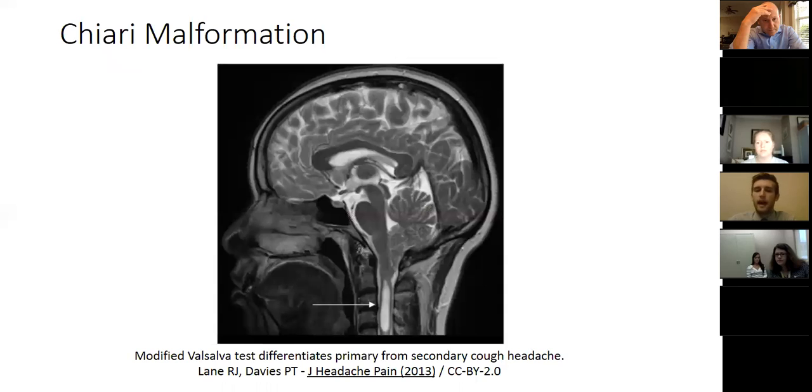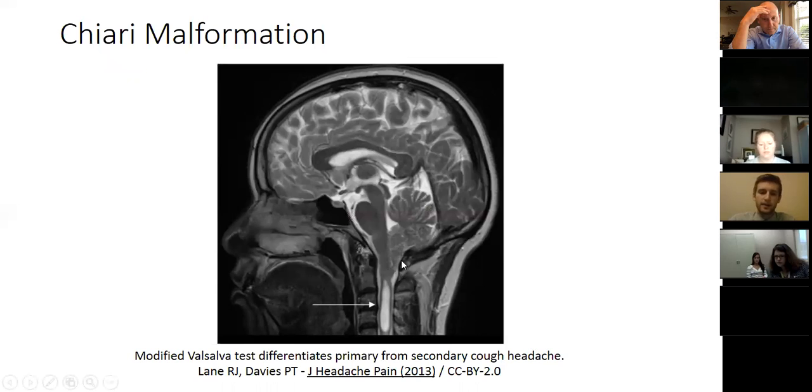So here's an MRI from the study, and as you can see, that arrow is pointing to just about right in between the C1 and C2 vertebrae. But if you look about an inch above that, you can see the foramen magnum and how it looks almost entirely occluded by those tonsils extending down from the cerebellum.